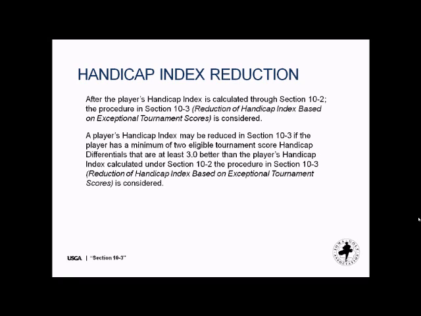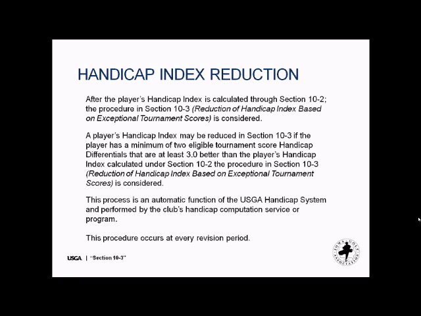A player's handicap index may be reduced in section 10-3 if a player has a minimum of 2 eligible tournament scores where the handicap differentials of those scores are at least 3.0 better than the player's handicap index that was calculated in 10-2. This process is an automatic function of the USGA handicap system and is performed automatically at your club with the GIN service.